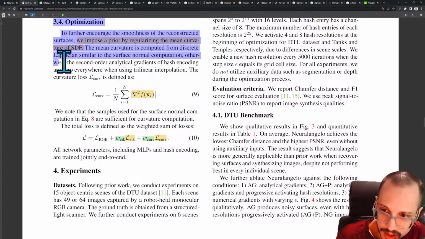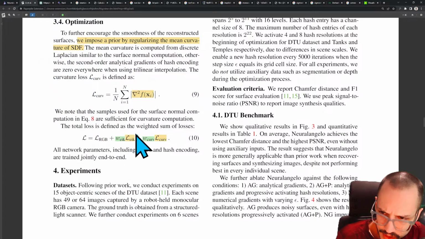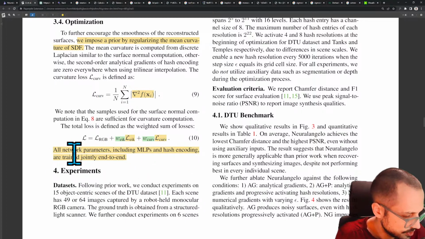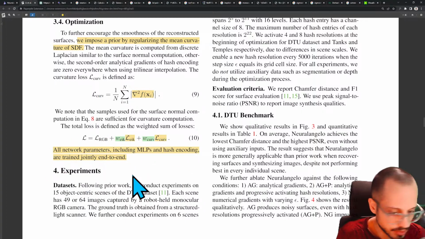This is the one that you actually care about. All network parameters, including MLP and hash encodings, are trained jointly end-to-end. This is good. You want end-to-end learning. You don't want these multi-stage pipelines because that just makes it way harder and more annoying.